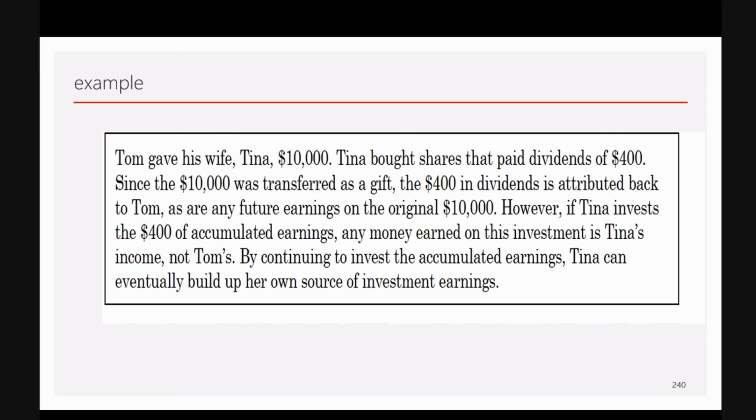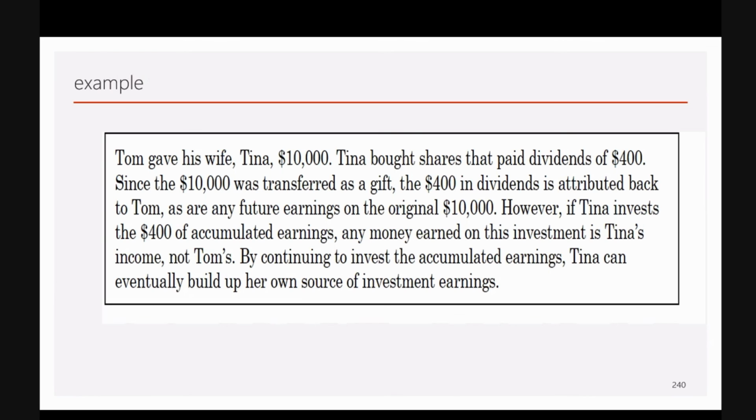So if she purchases Tesla stock, probably the 400 earns another, for example, 500. So this 500 is from that 400. That 400 produced another 500. So that 500 is reported by Tina, Tom does not report.